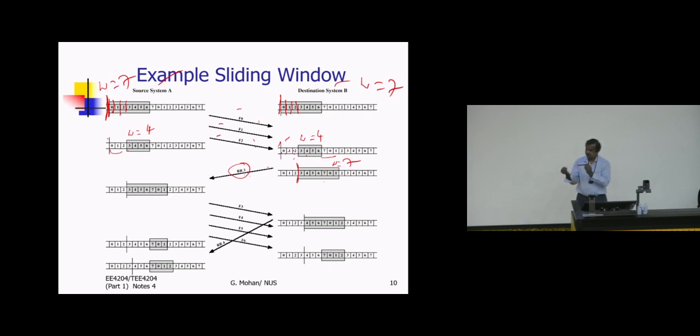So what you suggest is the receiver can send an acknowledgement after receiving all 7 frames, right? So that means the sender has already sent 7 frames. So there is a small delay, right? So this is frame 0, frame 1, that's what you suggest. This is frame 7, right? So at this point, the sender window becomes 0. So the sender cannot send anything, even though the link is free.